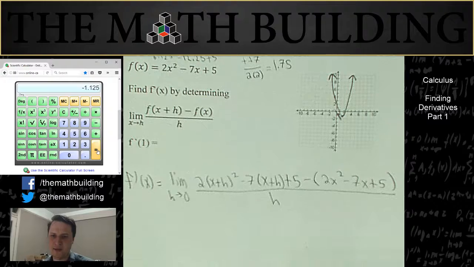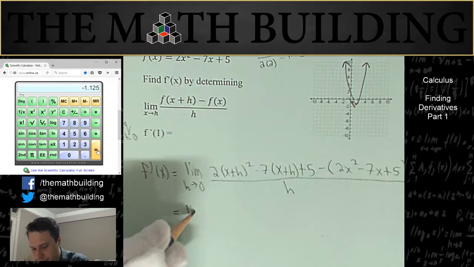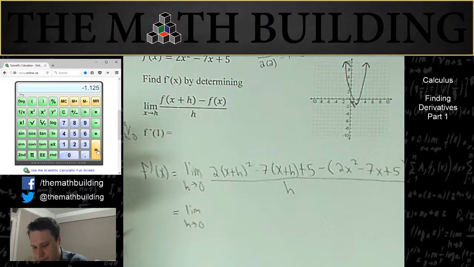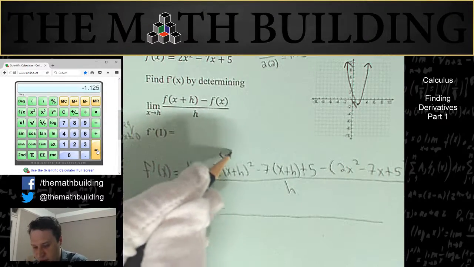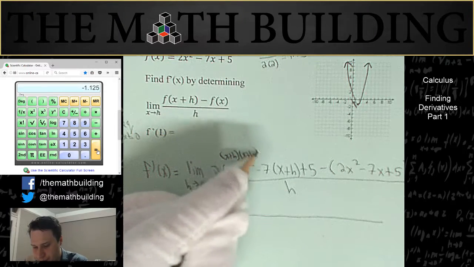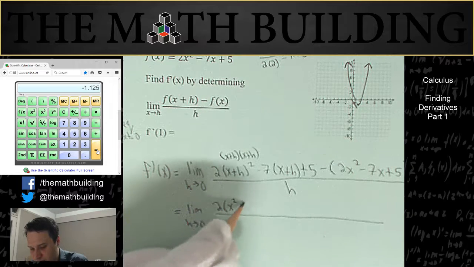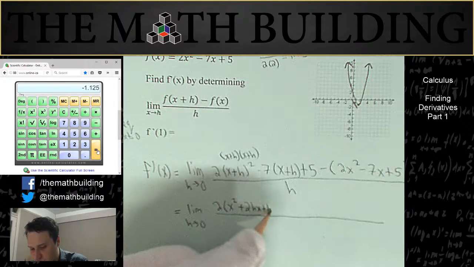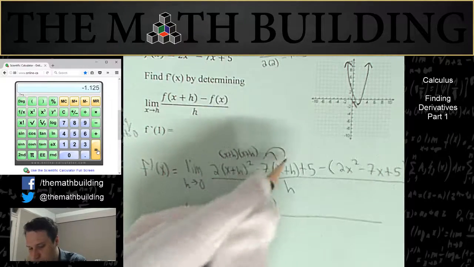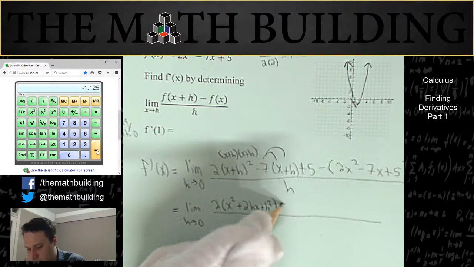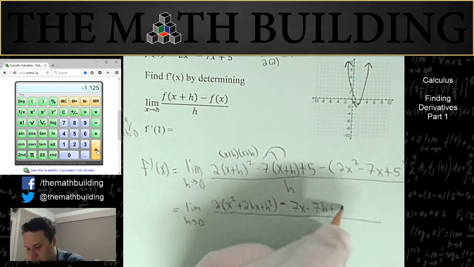It looks pretty bad, but it's not going to be that bad. So let's simplify. Remember, this is x plus h times x plus h. So we get 2 times x squared plus 2hx plus h squared. That's just the FOIL of that right there. Do the distributive property, so minus 7x minus 7h plus 5.